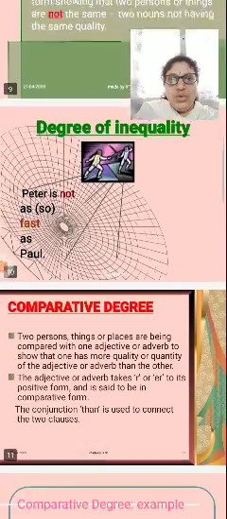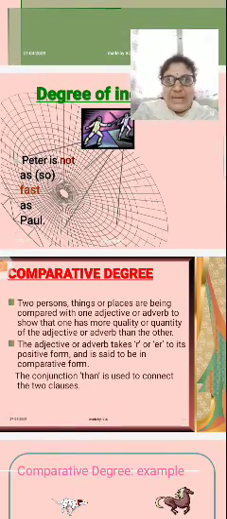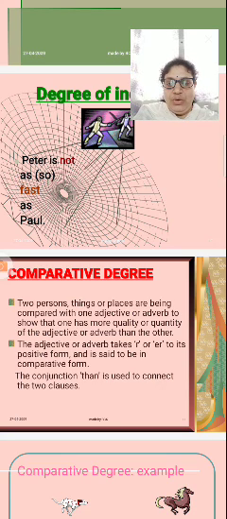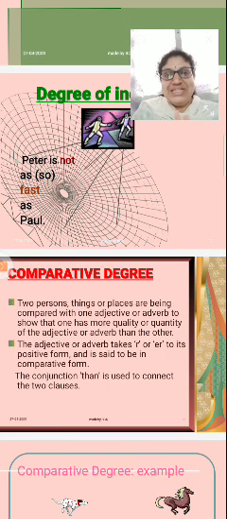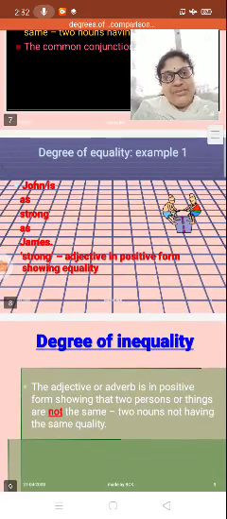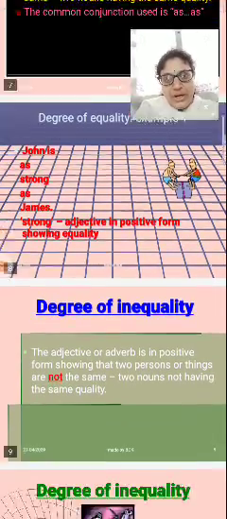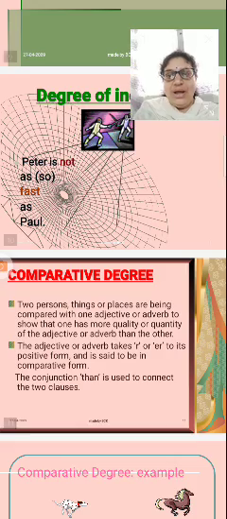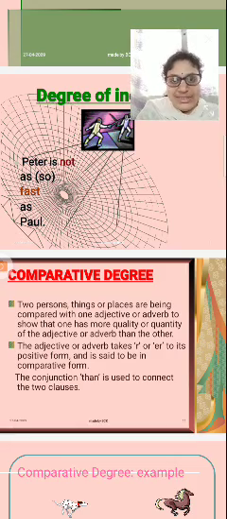Two nouns are not the same. So, Peter is not as fast as Paul. Here you are showing not equal, not the same. Peter and Paul are not the same, but John and James are the same.